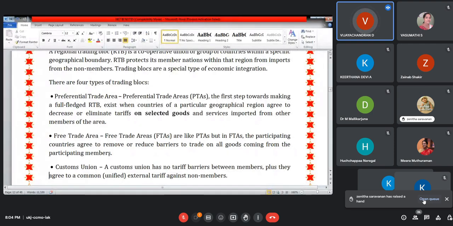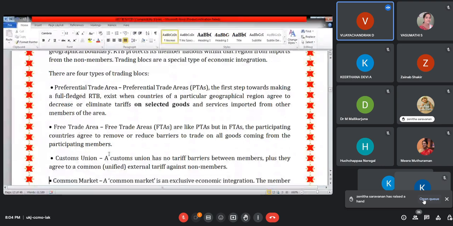If you have any difficulty in understanding my ideas or the concepts, you can tell. Okay, so that is preferential trade area and free trade area. As the name suggests, free trade area has no barrier in all goods, whereas in the case of preferential trade area, no barrier for specified goods.